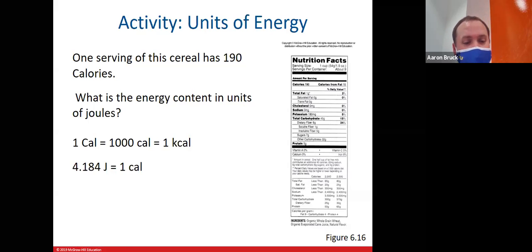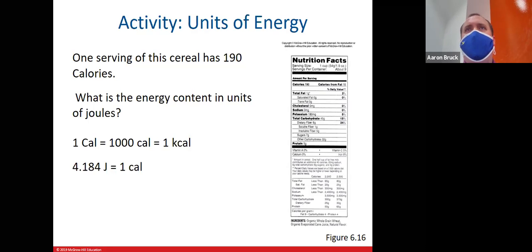But 1 serving of this particular cereal has 190 calories. Not surprising that they're almost all carbohydrate given that ingredients list. What we want to know is, what is the energy content in joules?